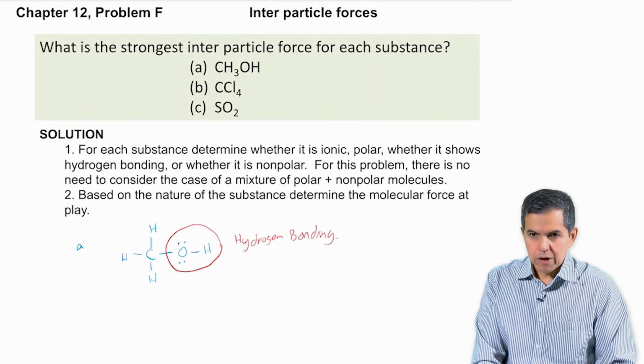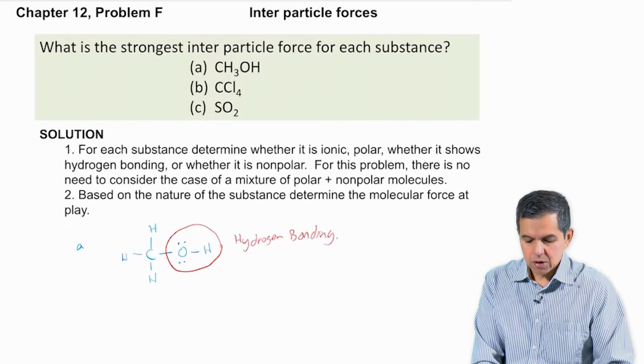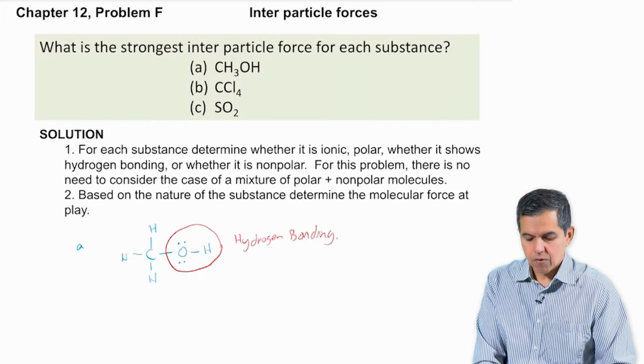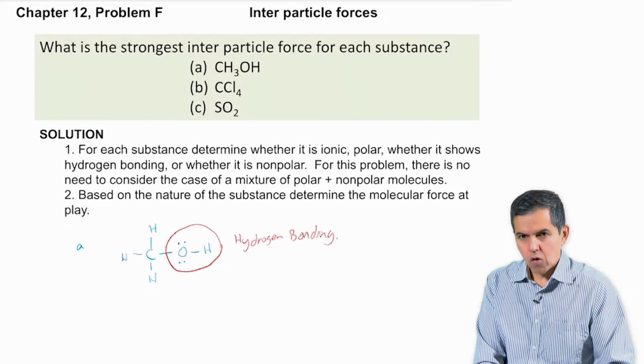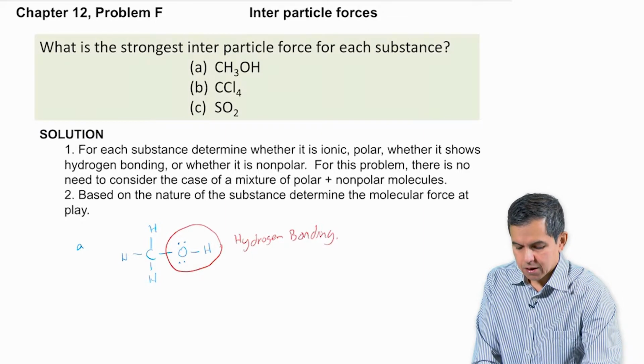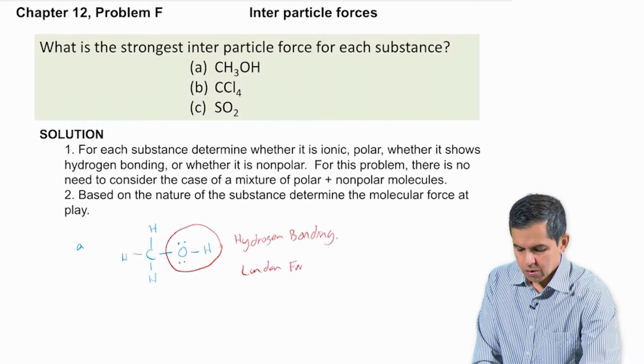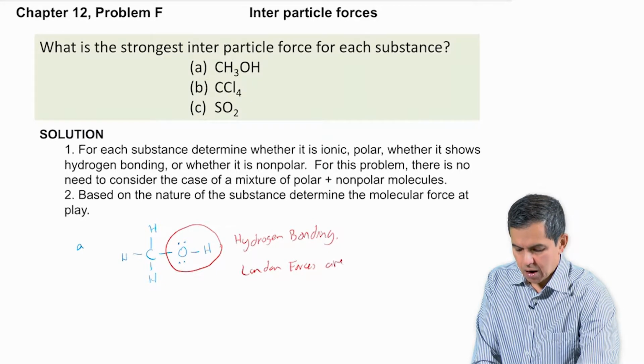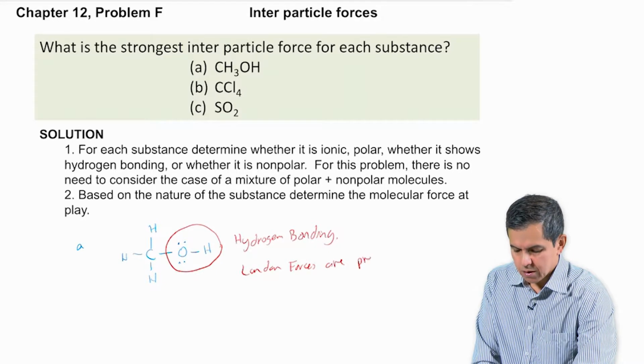So we know that when hydrogen bonding is present, this is going to be the strongest intermolecular force present. Although we cannot neglect that London forces are present, these are also weak forces.